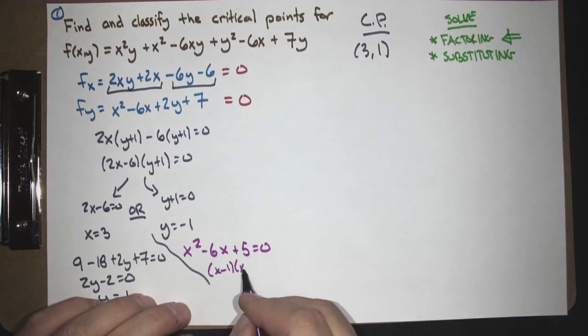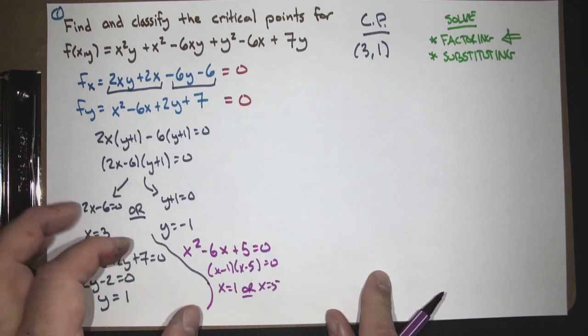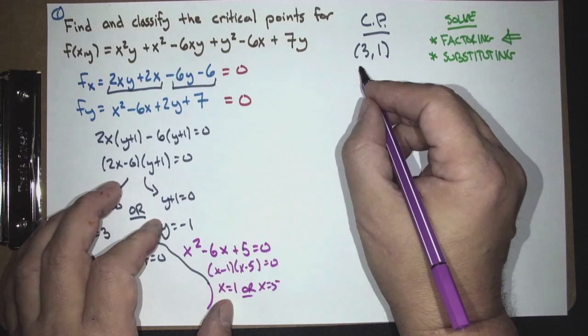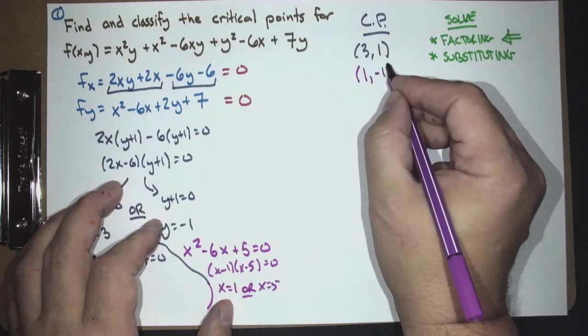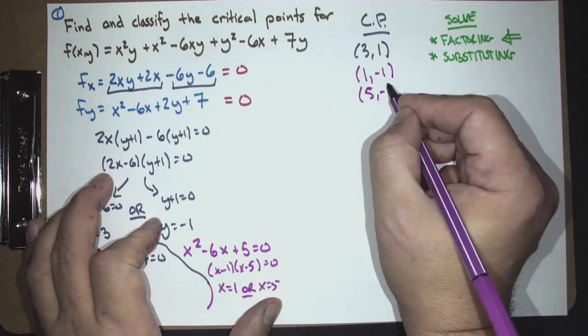Yes. X minus 1, x minus 5. Leading us to, again, two possibilities. X equals 1 or x equals 5. But remember, we also are already in the y equals minus 1 case. So that gives us the points 1 comma minus 1 and 5 comma negative 1.